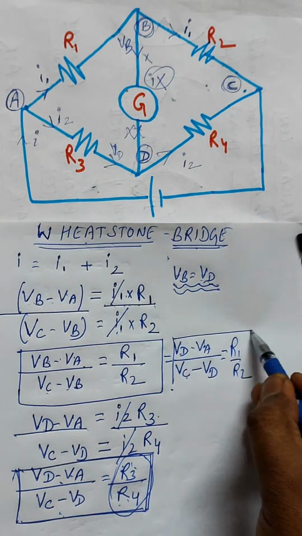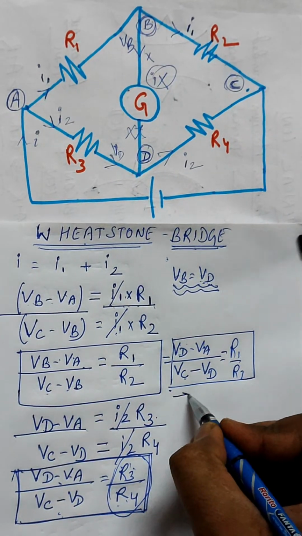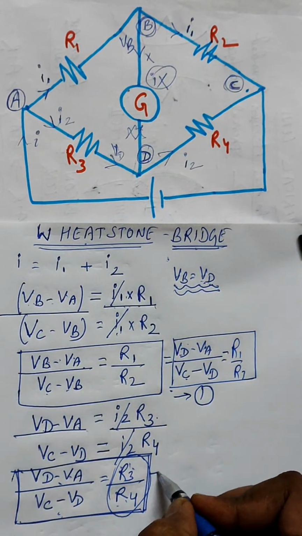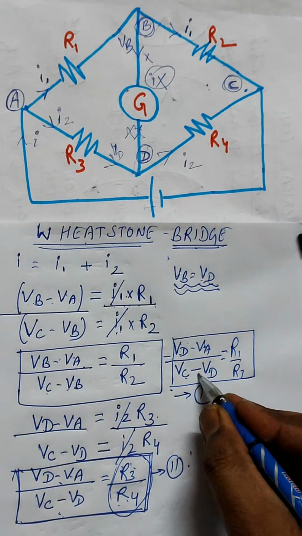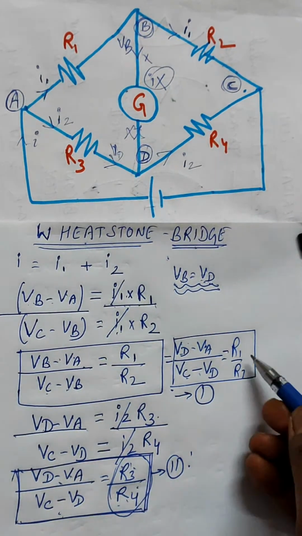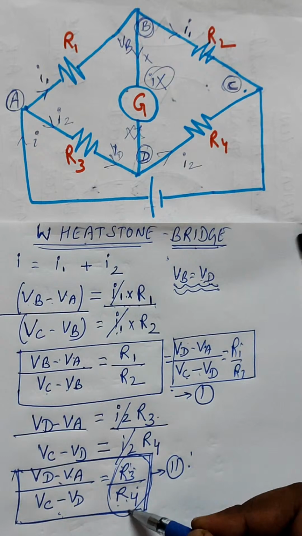So from equation 1 and equation 2, we can say R1 by R2 equals R3 by R4.